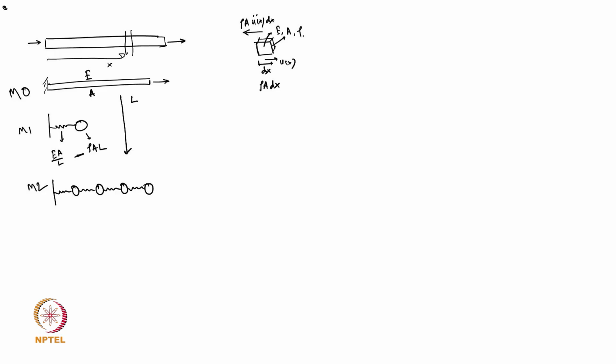Am I right? Now you think that on this side there is a force F acting, and on this side you have a force F plus del F del x. And that del F del x force will be how much? So now think about how the balance is happening.